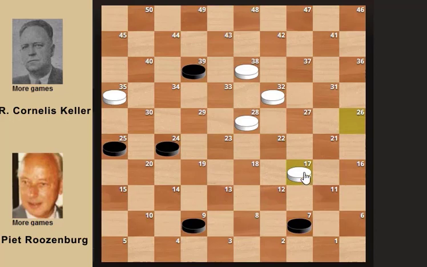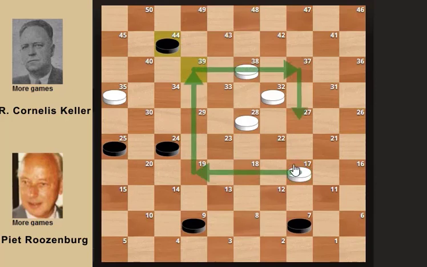The current position of Keller's piece is at 17. So 17 was answered by playing 39-44. So if you draw the square, we see that the vertex at 39 is surrounded by these positions. So Roozenburg decided to take 44, and then 43 too is not possible to move because of the piece at 38.